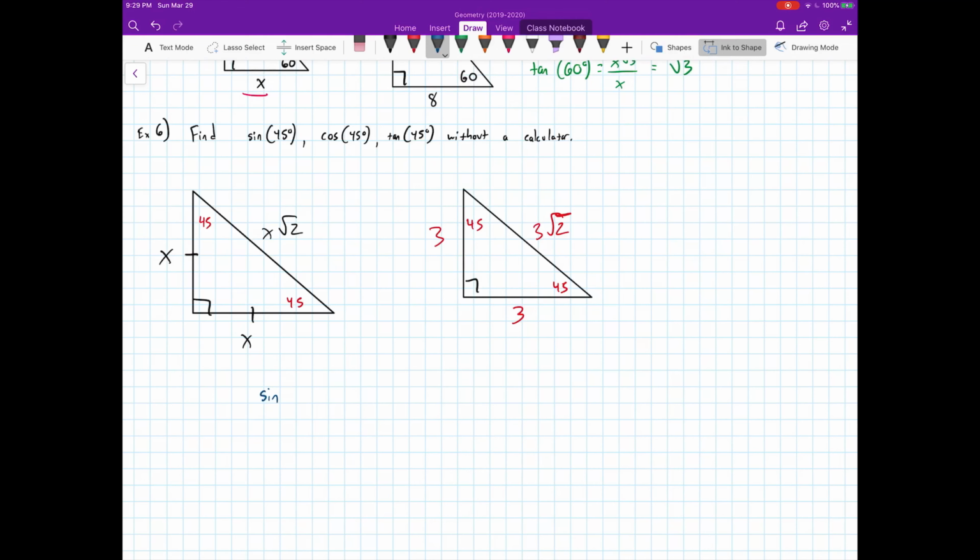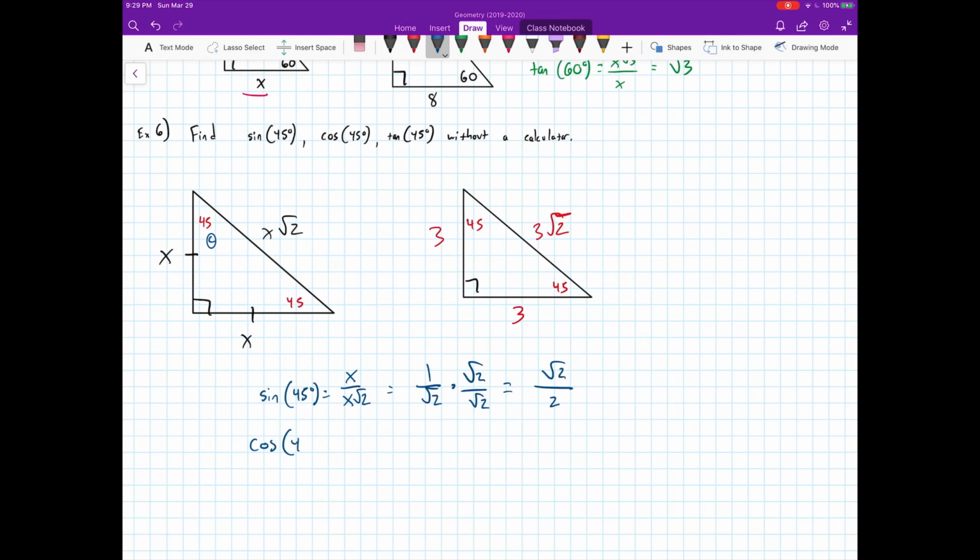So sine of 45 degrees, well, this time it's a little bit harder to mess up because they're both 45 degrees, right? Sine is opposite over hypotenuse, so it's x over x root 2, right? So it's going to be 1 over root 2, which we simplify by multiplying the top and the bottom by root 2, and we get root 2 over 2.